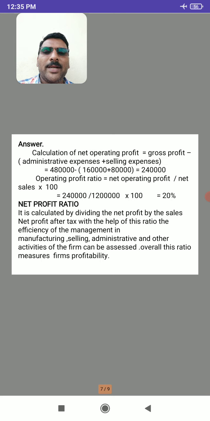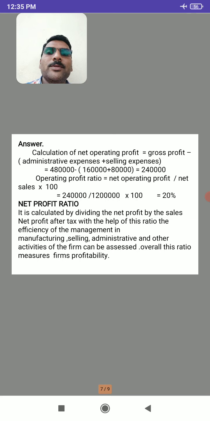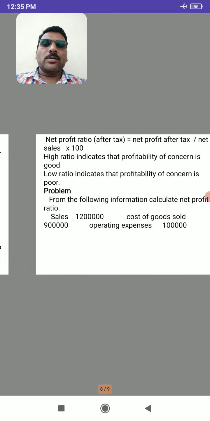Net profit ratio is calculated by dividing net profit after tax by sales. With the help of this ratio, the efficiency of the management in manufacturing, selling, administrative and other activities of the firm can be assessed. Overall, this ratio measures the firm's profitability.